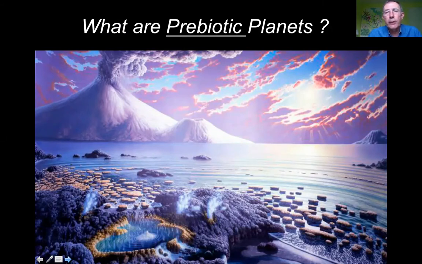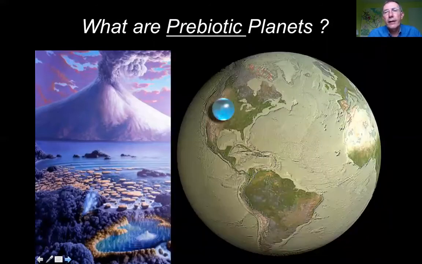This is not a good picture because it has already growing stromatolites, meaning that's not prebiotic anymore. But basically the idea there is that you need a planet which is rocky with some amount of water. The Earth is like that. An ocean worth of water is really a small amount of water.